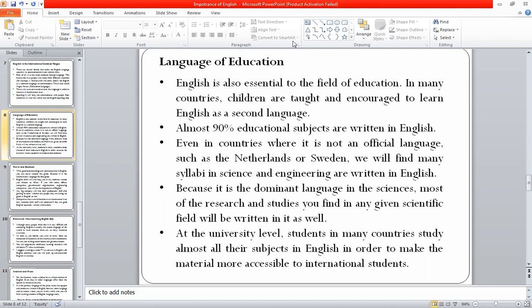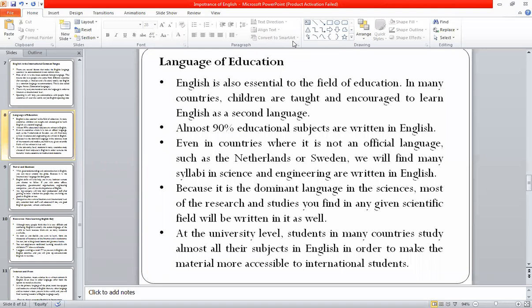So if you want to take a glance at the research made in your field, you will find that mostly all of the researchers have used this language to write their research papers or research studies. Okay, so except this language we cannot get the knowledge of the whole world.